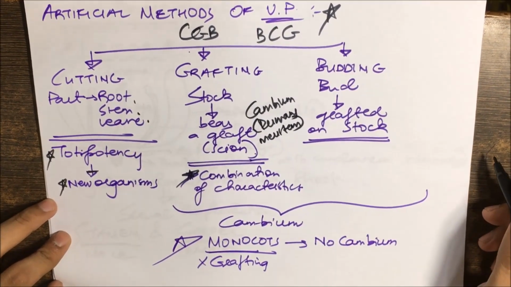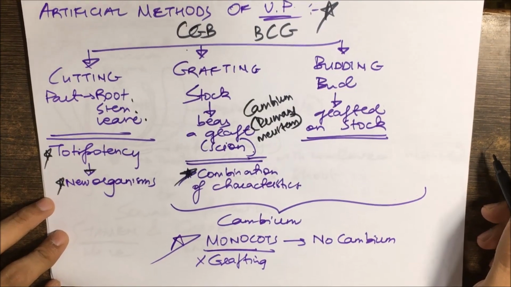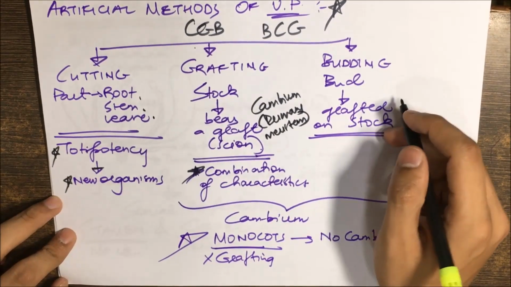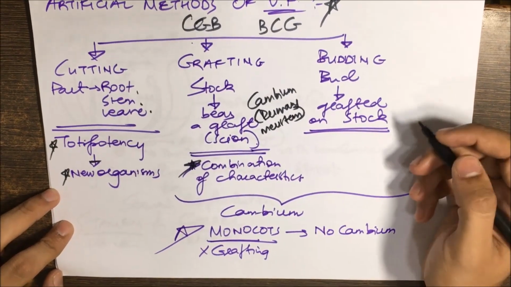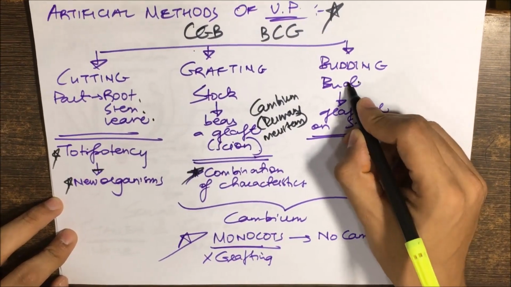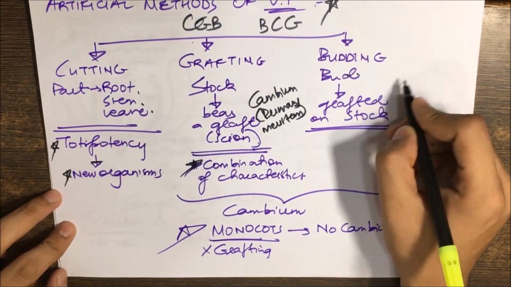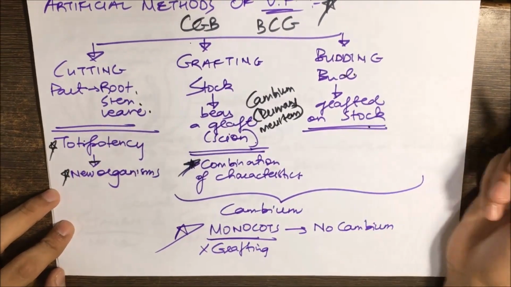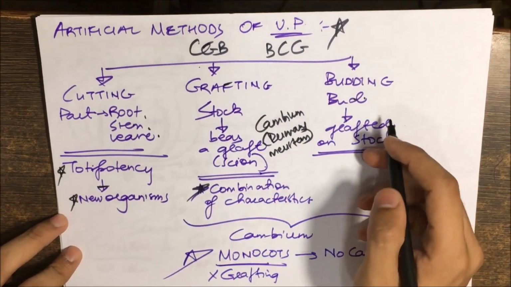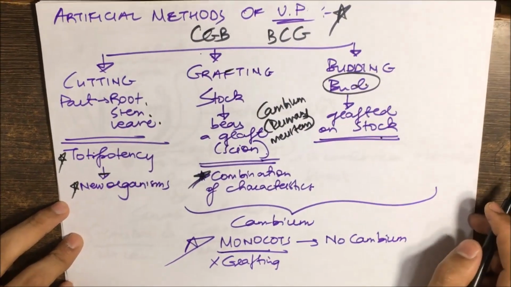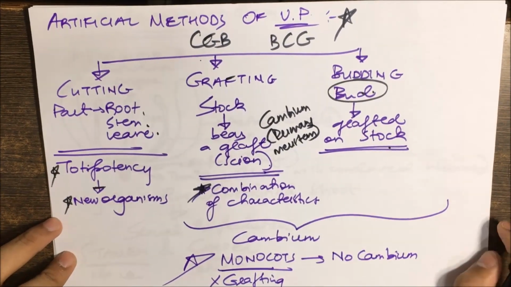The third type of artificial method of vegetative propagation is budding, wherein instead of the entire organism, which is the graft, a small bud with the underlying tissue is used and is grafted on the stalk. So it is somewhat similar to grafting, except that instead of the entire organism, just a bud is used for grafting on the stalk.